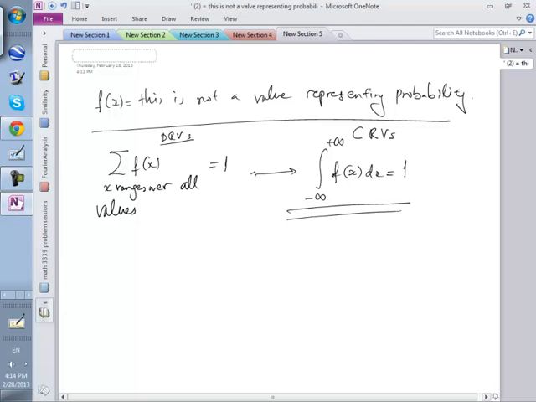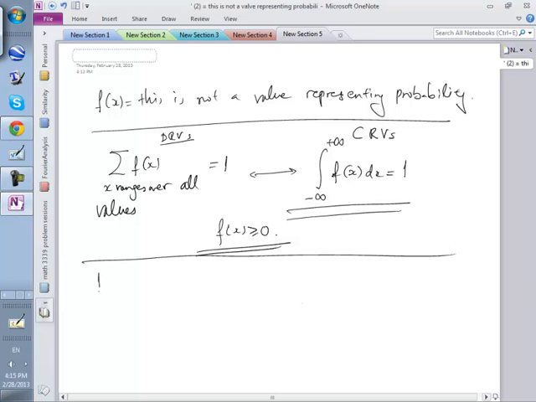Those two are essentially different examples of the same property, that probability density integrates to 1. So those are the basic properties for the density function. Now, what is the definition of the density function?